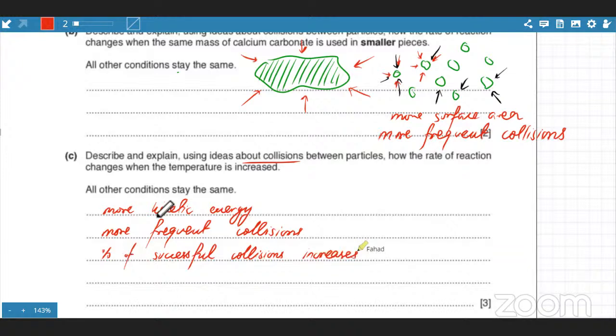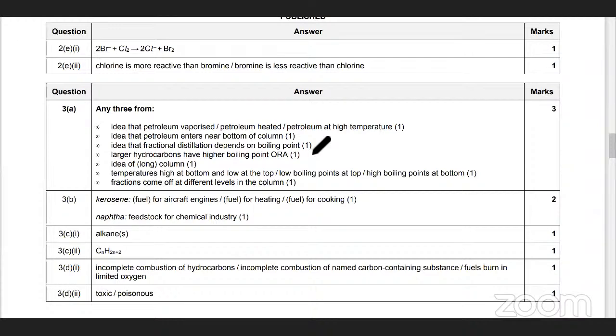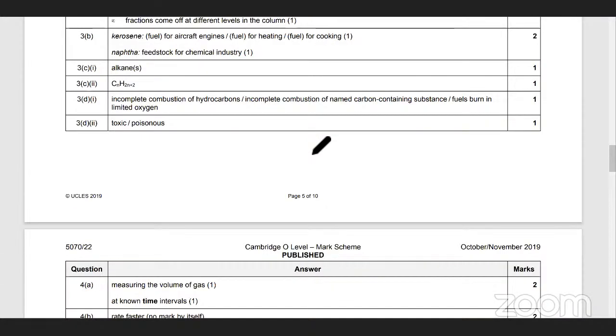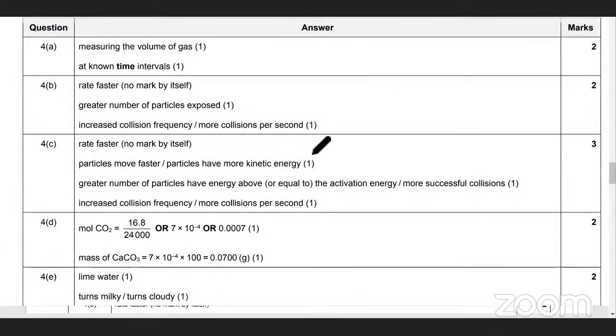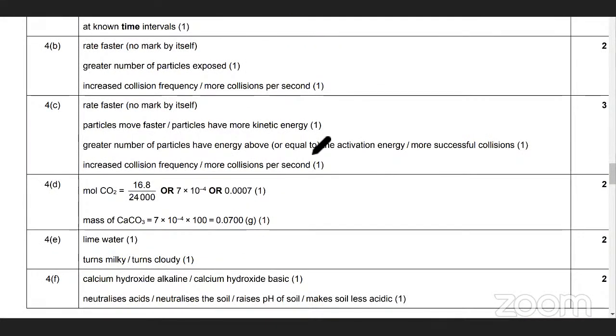Anyways, we can check both of our answers with the marking scheme that's given. So particles move faster, they have more kinetic energy, that gives you 1 mark. And also more successful collisions, so that's also 1 mark.